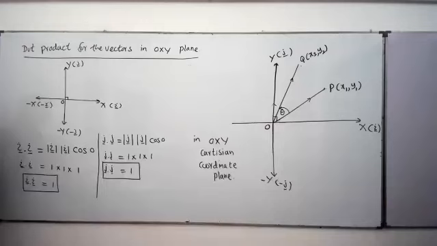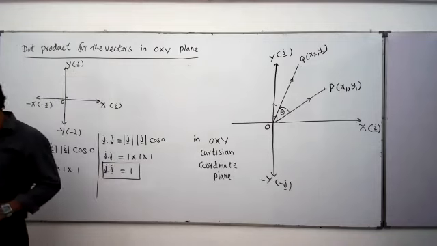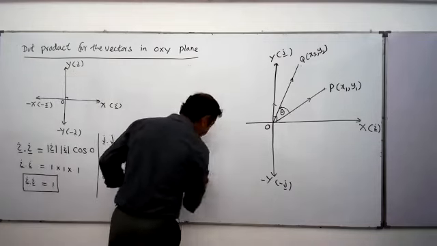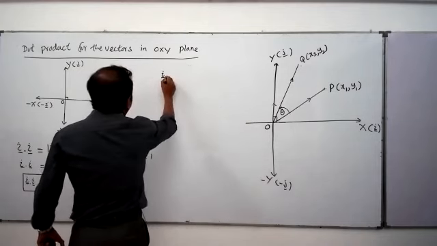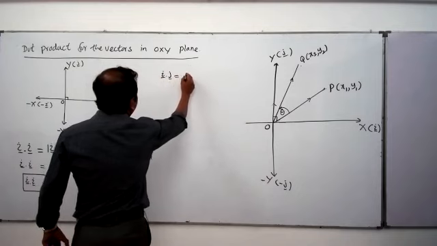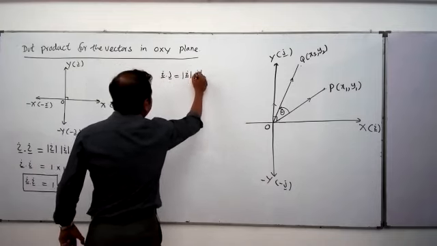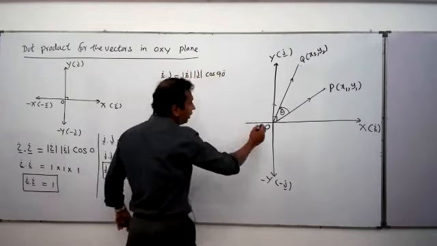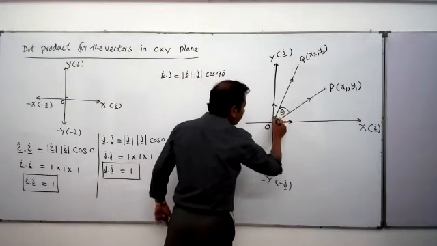Now we'll write i dot j. What is that? It is i modulus times j modulus times cos 90. i is this vector, j is this vector, and the angle between them is 90.